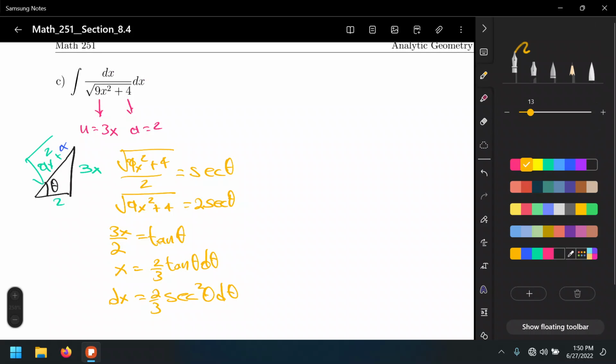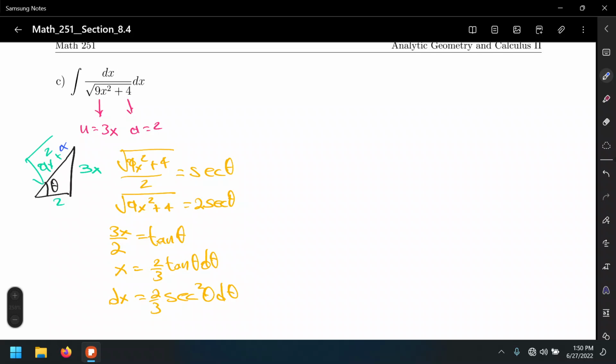So let's go back to the original integral. We're going to rewrite this integral in terms of x in terms of theta. Recall for the radical part, we got this 2 secant. And the dx part, what about that dx part?